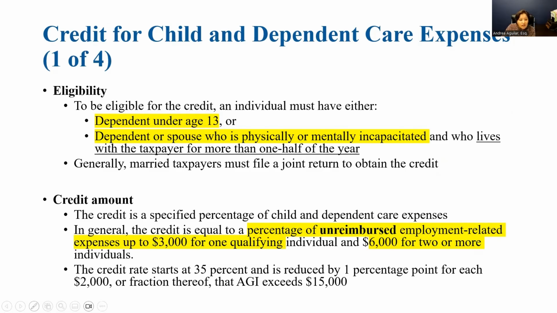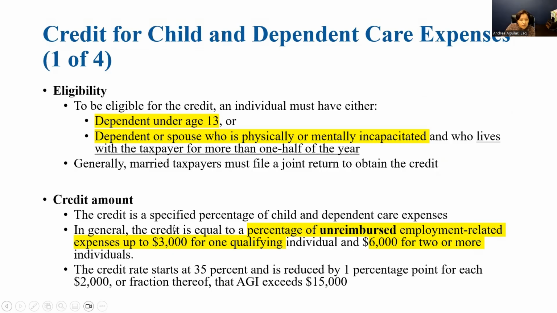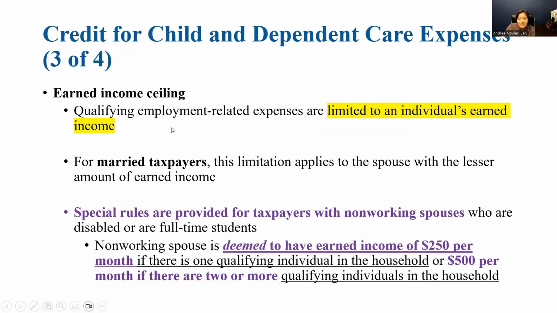And then we learned that we look at the expenses and then we apply an applicable percentage. And that is how we arrive at this number, either $3,000 if you just have one qualifying individual or $6,000 for more. But now we are introducing additional information. There is a ceiling, the earned income ceiling.